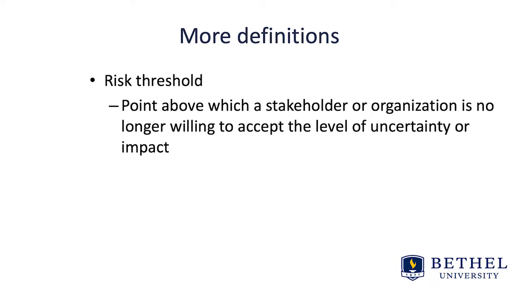Risk threshold. There's a point above which a stakeholder or organization is no longer willing to accept the level of uncertainty or impact, because the threshold will determine what types of decisions the organization is willing to make to continue your project and to tolerate, as well as understand the appetite of risk that the organization has for the project.